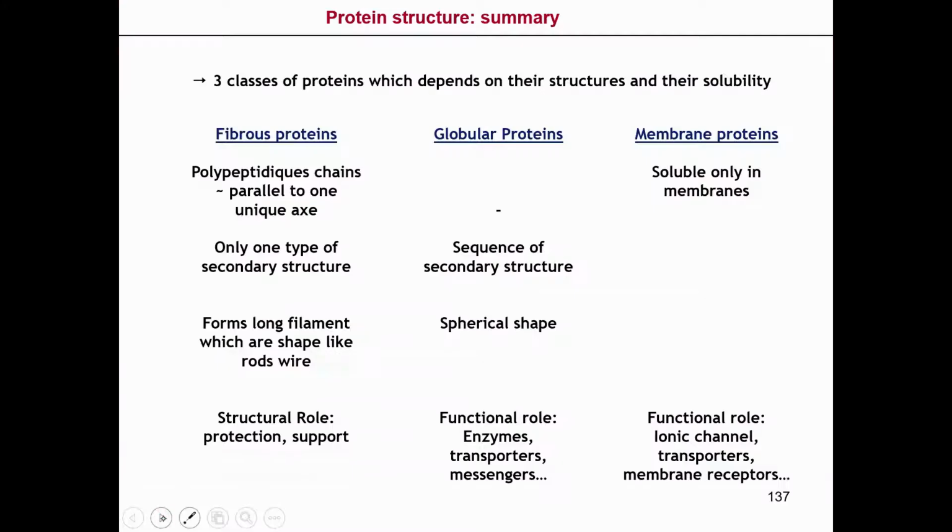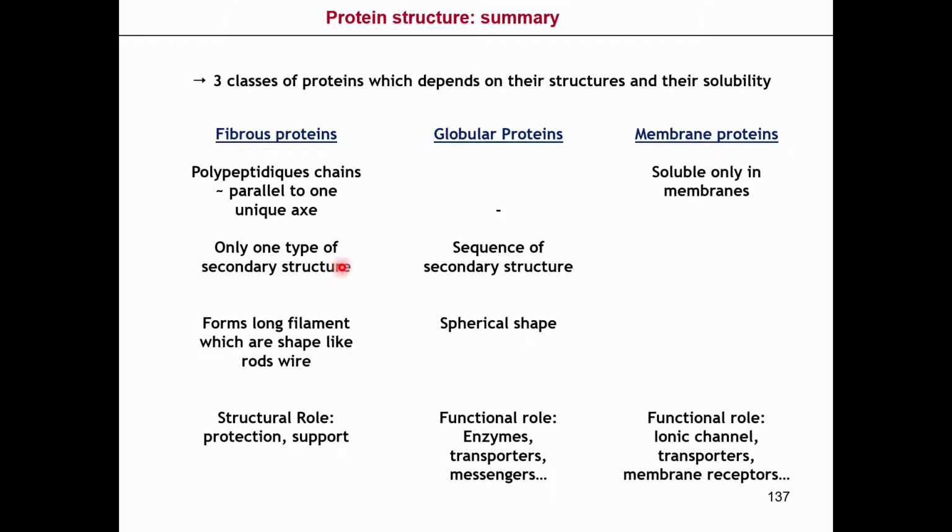So this is a summary of all the lecture I gave you. We have three classes of proteins, which depend on their structure and their solubility. The fibrous proteins like keratin or silk have a polypeptide chain with only one type of secondary structure.